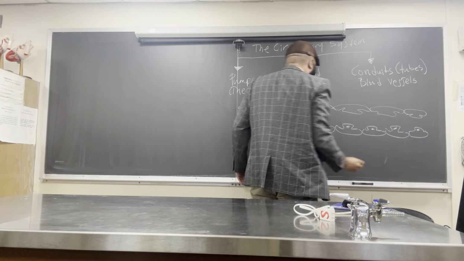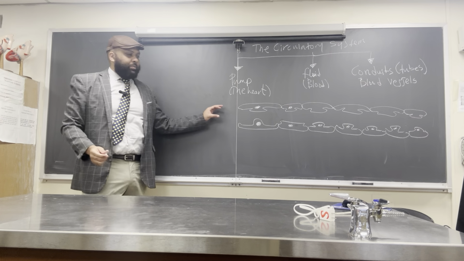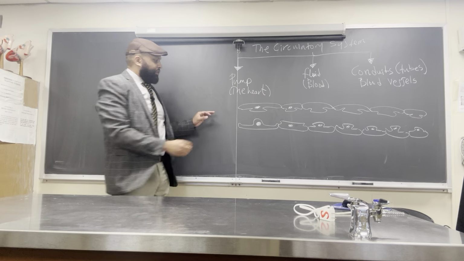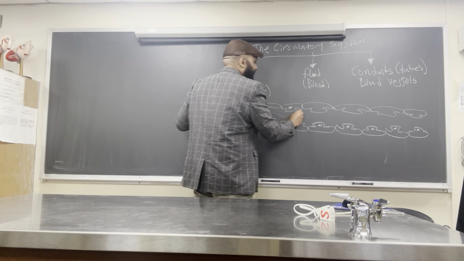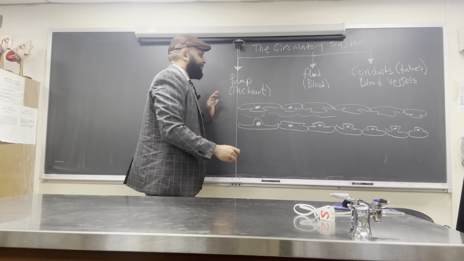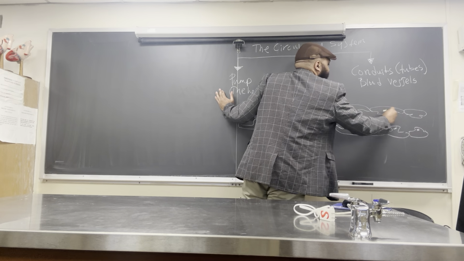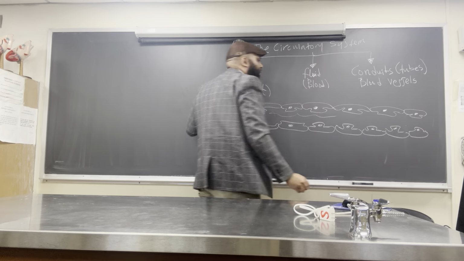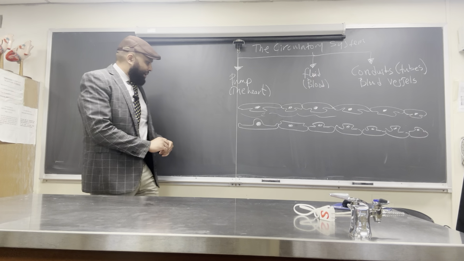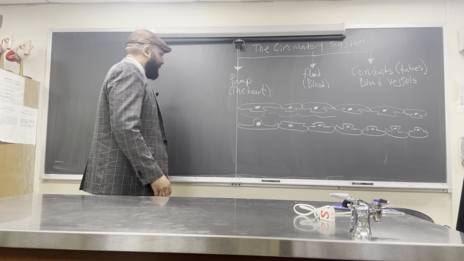Now, this is your blood vessel. The blood is flowing inside this blood vessel. And the blood vessel has a nucleus. What does that mean? That means it has the capacity to do what? Let's say one cell is damaged.